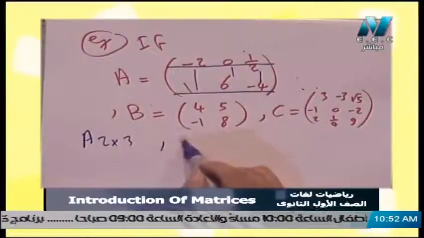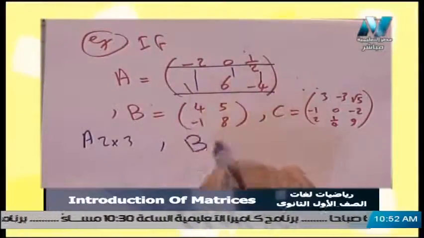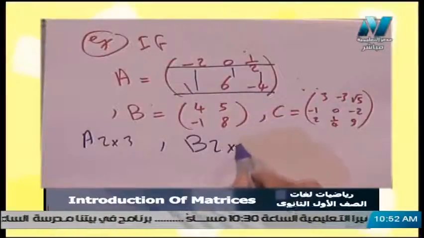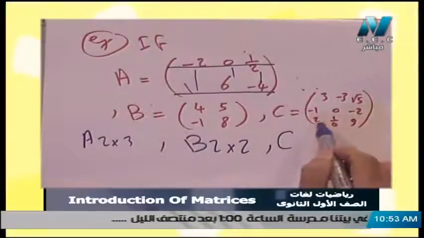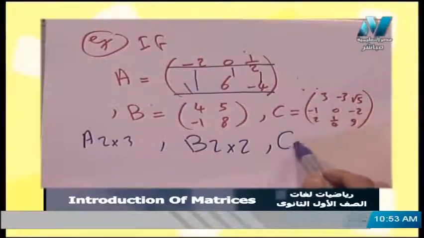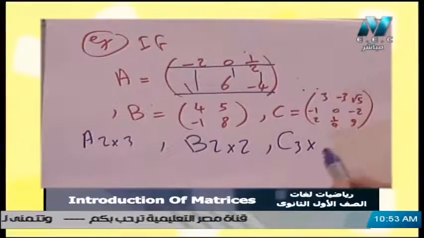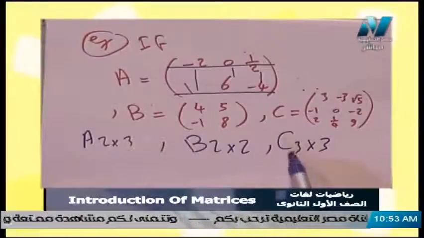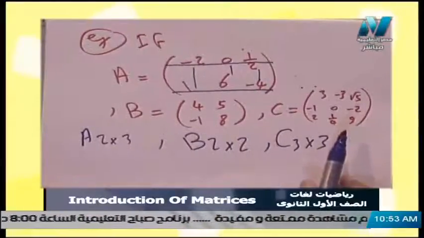Okay, matrix B is of order 2 rows and 2 columns, so it's 2 by 2. This one, C, let's count 1, 2, 3 rows by 1, 2, 3 columns, so its order is 3 by 3.